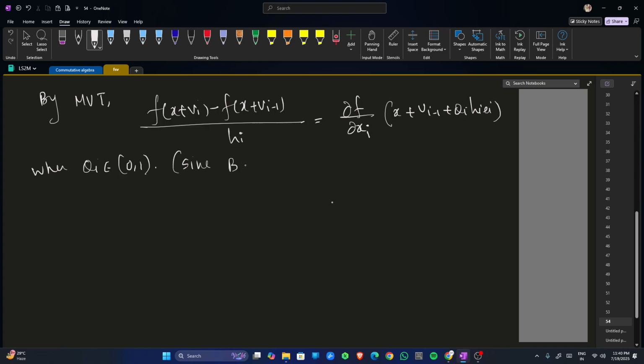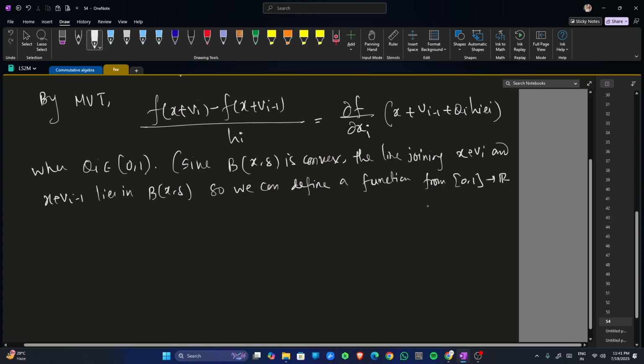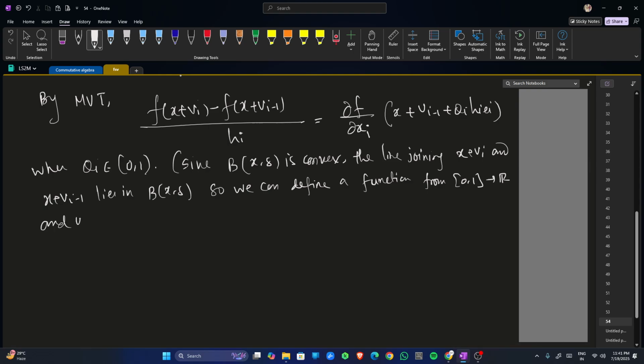Since the ball B(x, delta) is convex, the line joining x plus v_i and x plus v_{i-1} lies inside this ball, so we can define a function from [0,1] to R and use the mean value theorem.